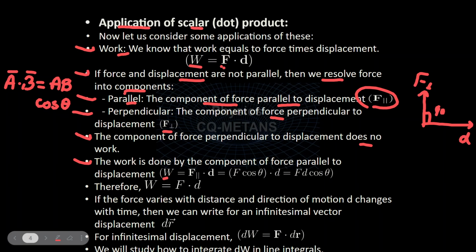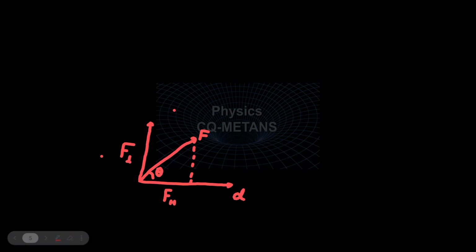So we have W is equal to F parallel dot D. This is the dot product of F parallel and D. But what is F parallel? From this we know that F parallel is F cosine of theta.